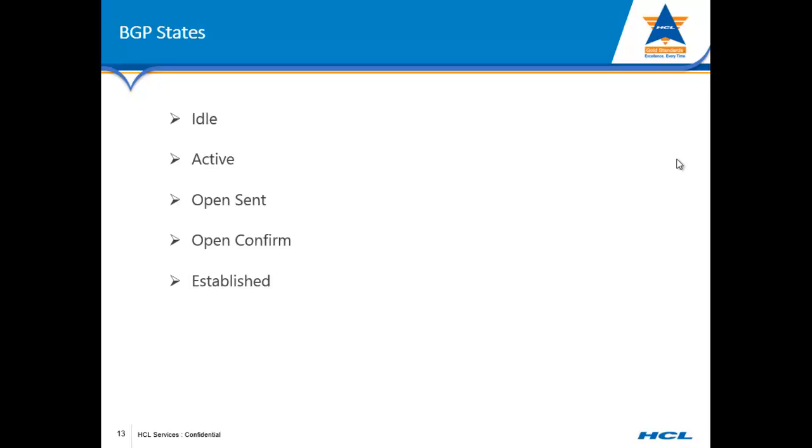Open sent sends the open message to the neighbor, and in open confirm, the neighbor also confirms. The neighbor also agreed to all your agreements, and it is in a position to make the neighbor relationship, and at last the state is established. That is, the neighbor relationship is formed, and we are going to send the routing updates. So these are the 5 different states in BGP.